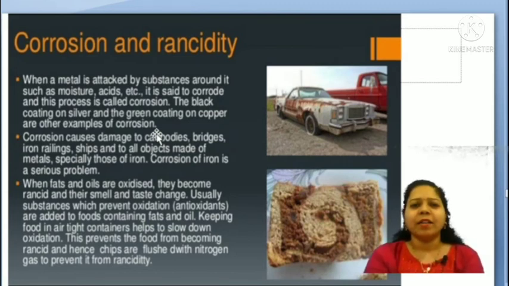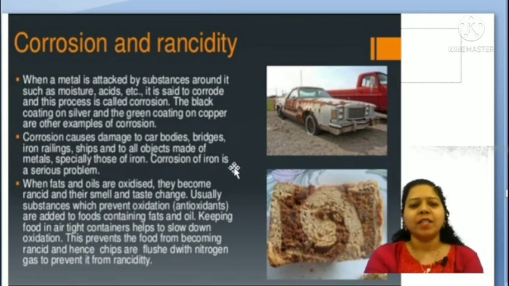Same like that, iron, copper and other metals also undergo corrosion, or they are corroded because of the process of oxidation. When they react with oxygen, they are corroded. Now corrosion causes damage to car bodies, bridges, iron railings, ships and all objects made of metals, especially those of iron.